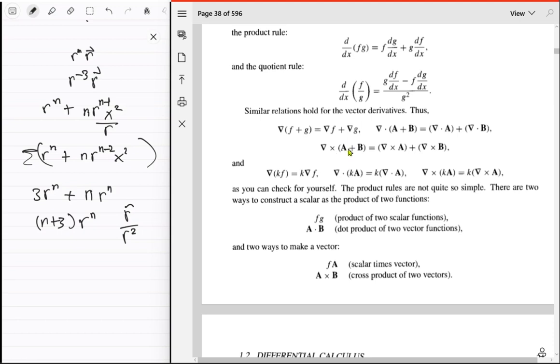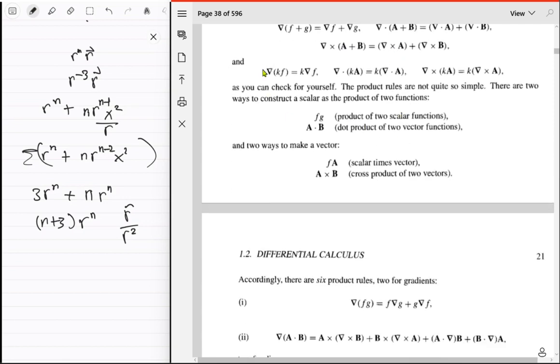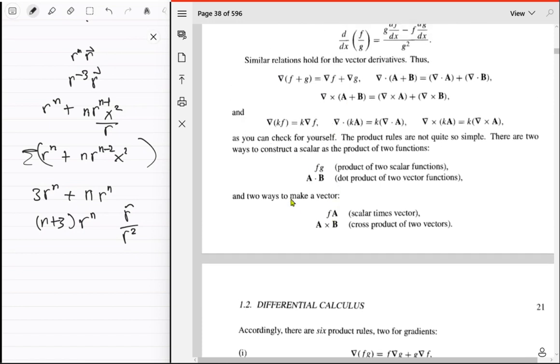Then what about this guy? Del crossed with a plus b. Once again, partial differentiation is distributive, so you can clearly split this. Let's just say that a vector plus b vector equals c vector.